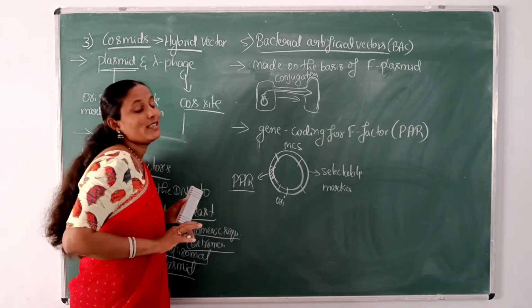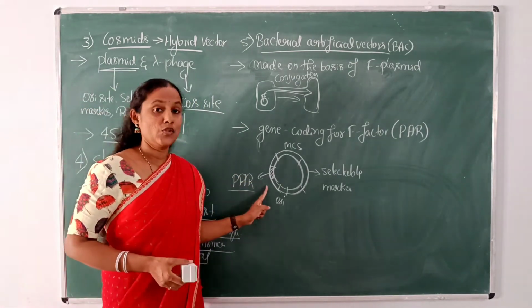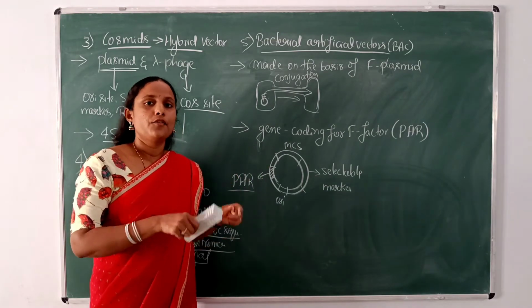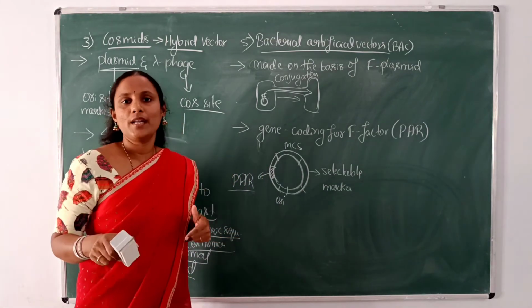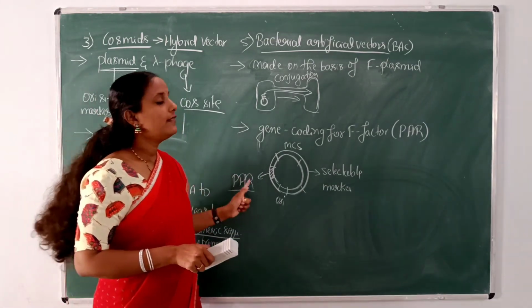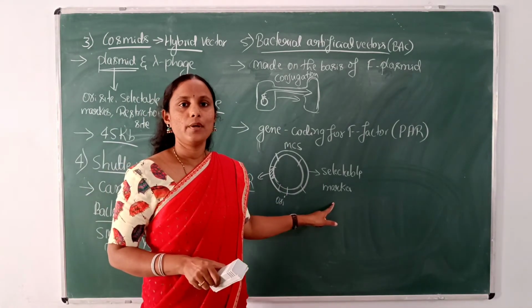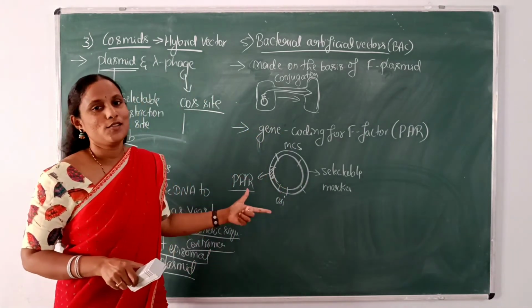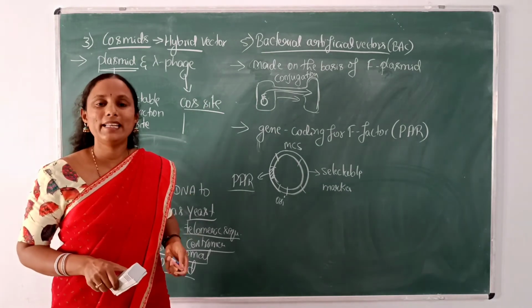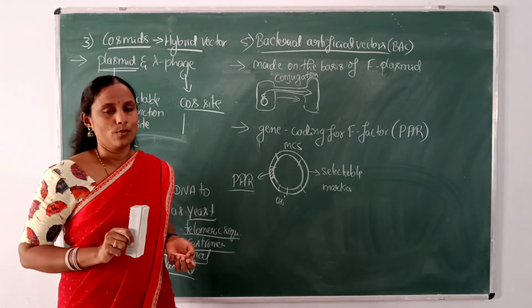So if the Ppr gene is present, this plasmid can enter from one bacterium into another very easily. Okay, so this is the basis of constructing bacterial artificial chromosomes.